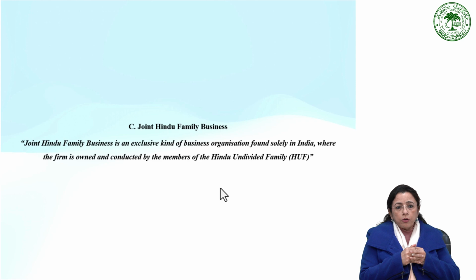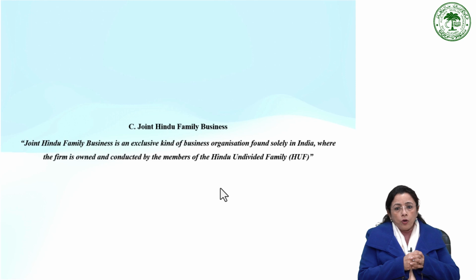In short, we also call it HUF. It is among the most ancient types of commercial organization in India. The joint family concept exists or can be found only in India.